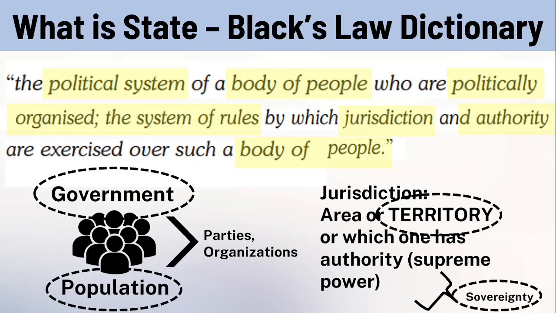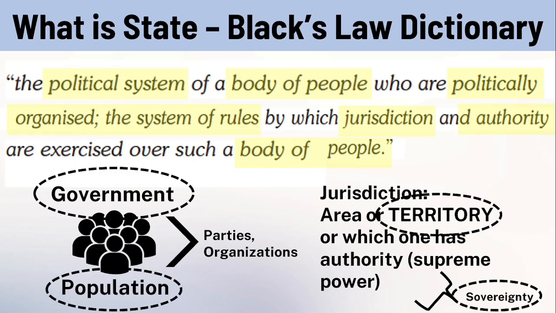If you just remember that the state has four elements, we know that this definition is made up of these four elements, but not in the exact verbatim. For example, instead of saying government, they use political system, system of rules. Instead of saying population, they use body of people and politically organized. Instead of saying territory, they mention jurisdiction, which obviously means the territory.